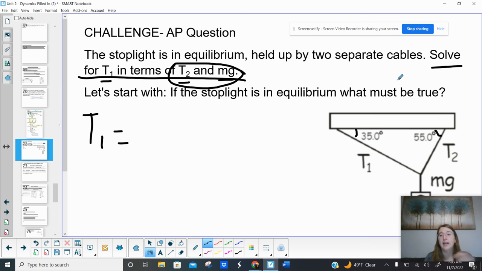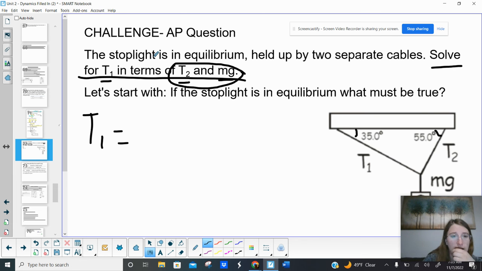Now I can use sine, I can use cosine, I can use whatever numbers I have. We have 35 and we got 55, right? But I can't have any other variables besides these ones. Now, again, when we say T2, that does not mean you can use T2x or T2y. It has to be just T2. And again, trig functions, numbers, or whatever. So this is going to be your final answer. You want to have T1 equals.